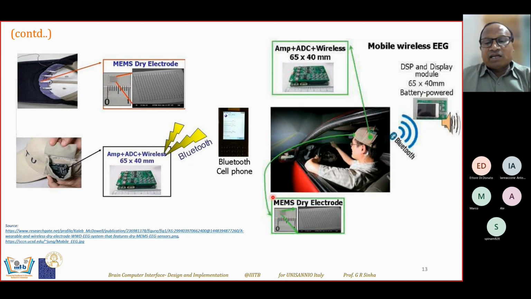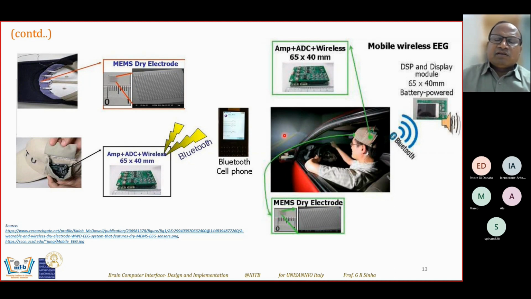Look at the second one, where there is a MEMS dry electrode. There are different types of electrodes. Now there are wireless devices, and MEMS can also be used wirelessly. There is no need for bringing the signal through a cable. For those who are very interested to study BCI and where BCI is used, a lot of studies are going on.